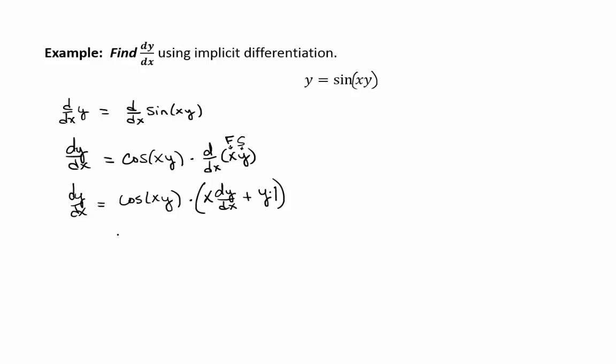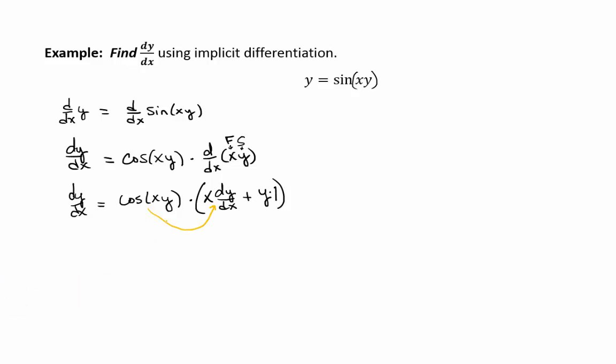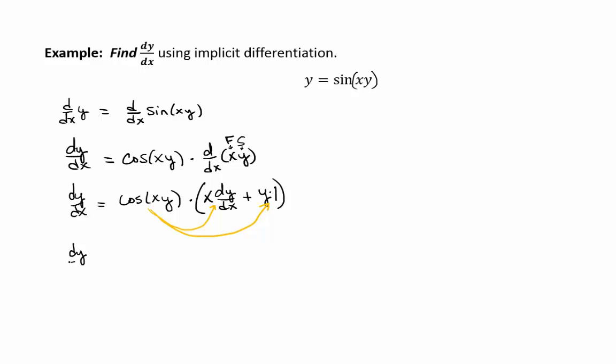We have to distribute because this guy is being multiplied here and here. So what do we have? We have dy/dx equals cosine xy times x times dy/dx plus, I'm just going to go ahead and write the y out front, y times cosine of xy.